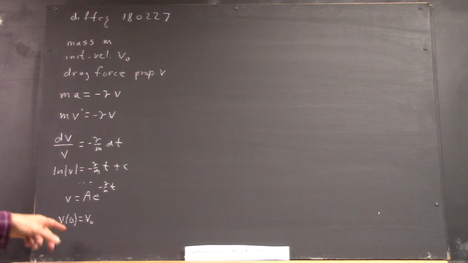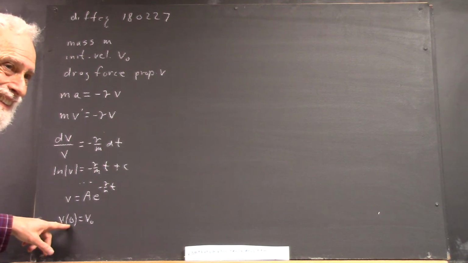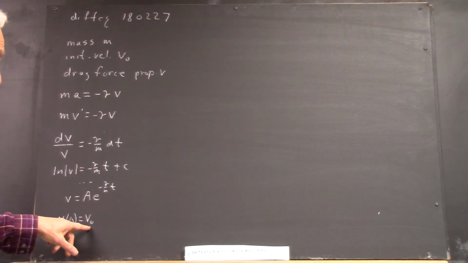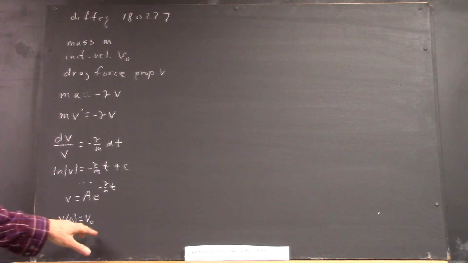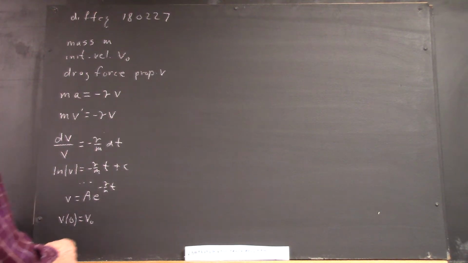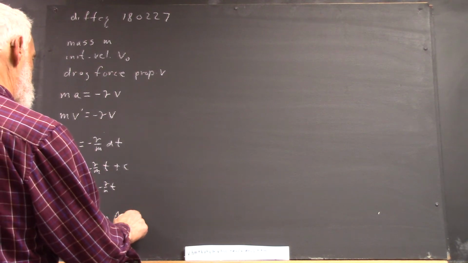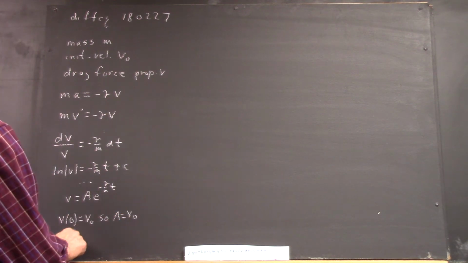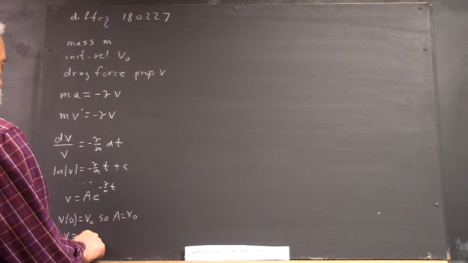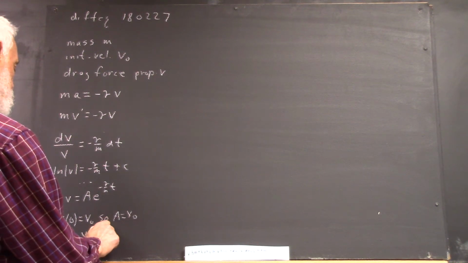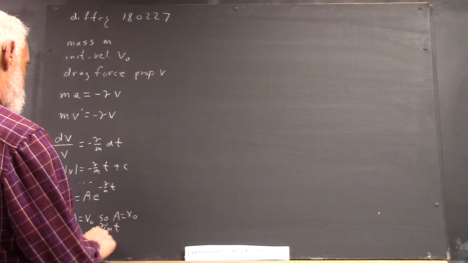We could set the time equal to 10 million at this instant, but this is the simplest because then we have v equals v naught e to the negative gamma over m t.